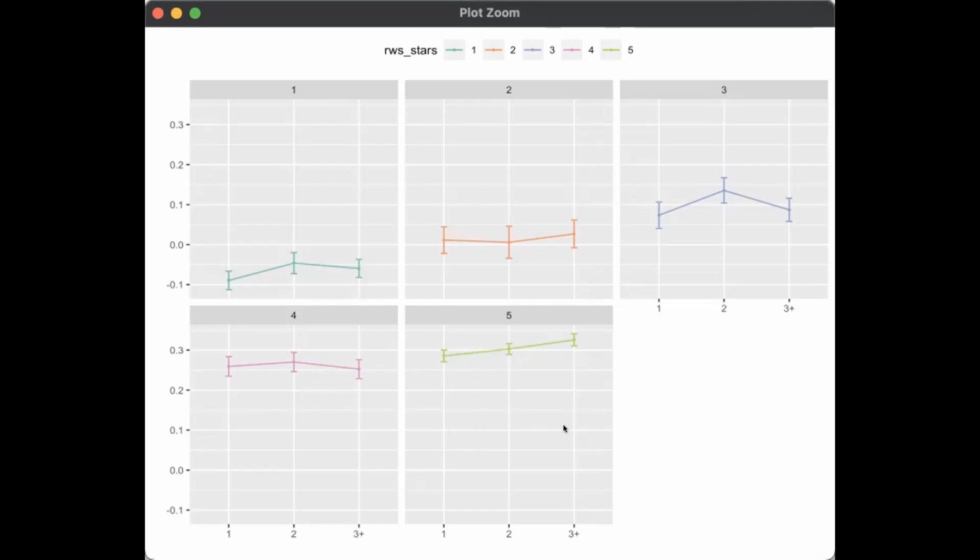In other words, let's say for $1 restaurants, $2 restaurants, and very expensive restaurants, even though they seem to receive a larger proportion of 5 star ratings, right?